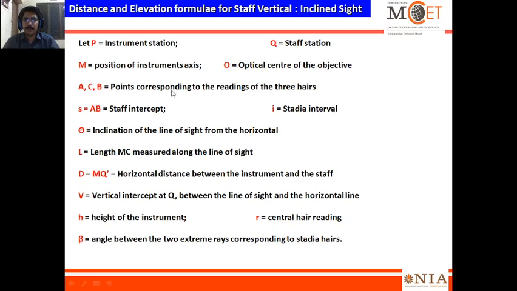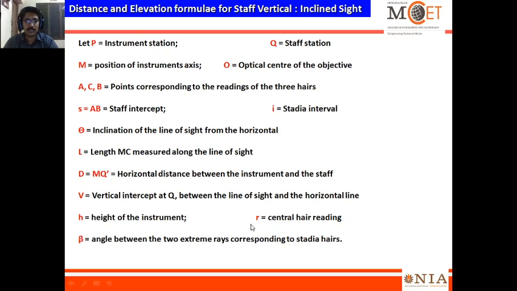So let P be the instrument station, Q be the staff station, M is the position of the instrument axis, O optical center, A, C, B the points corresponding to the readings of the 3 hairs, and so A, B is the staff intercept, I is the stadia interval, theta is the inclination angle, line of sight from the horizontal, capital L is the length MC measured along the inclined line of sight, and capital D is the actual horizontal distance between the instrument and the staff. V is the vertical intercept at Q between the line of sight and the horizontal line. H is the height of instrument. R is the center hair reading.